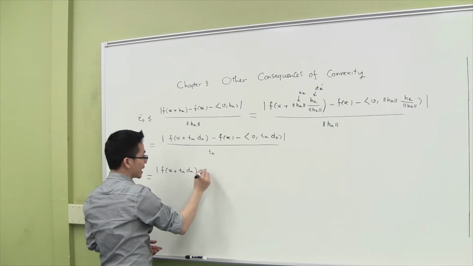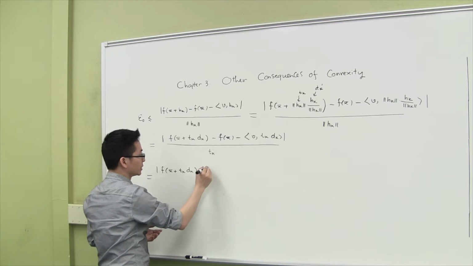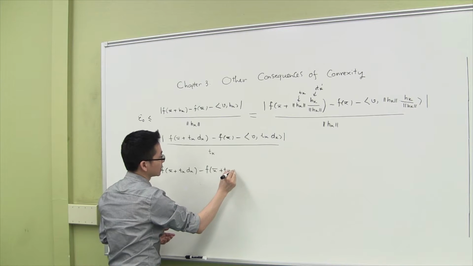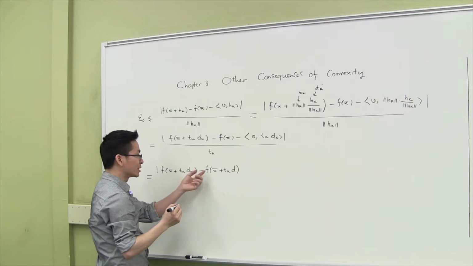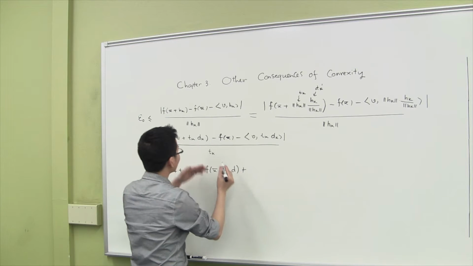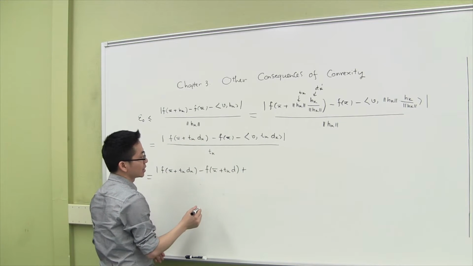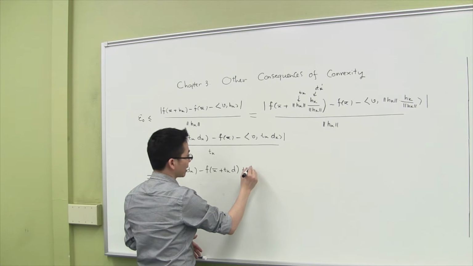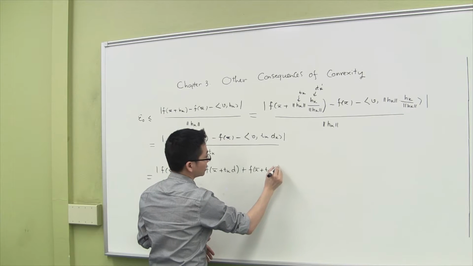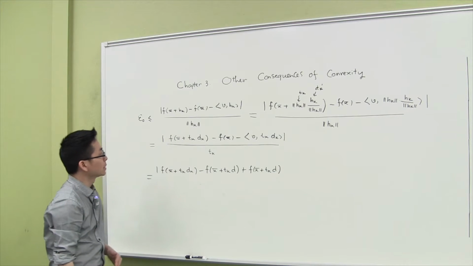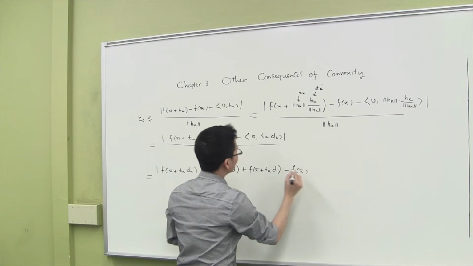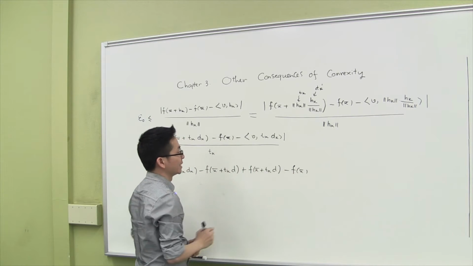We subtract a new term, which is f of x bar plus tk times d, and then we add this new term to make sure that the expression remains the same. Now we subtract f of x bar, keeping it the same here.